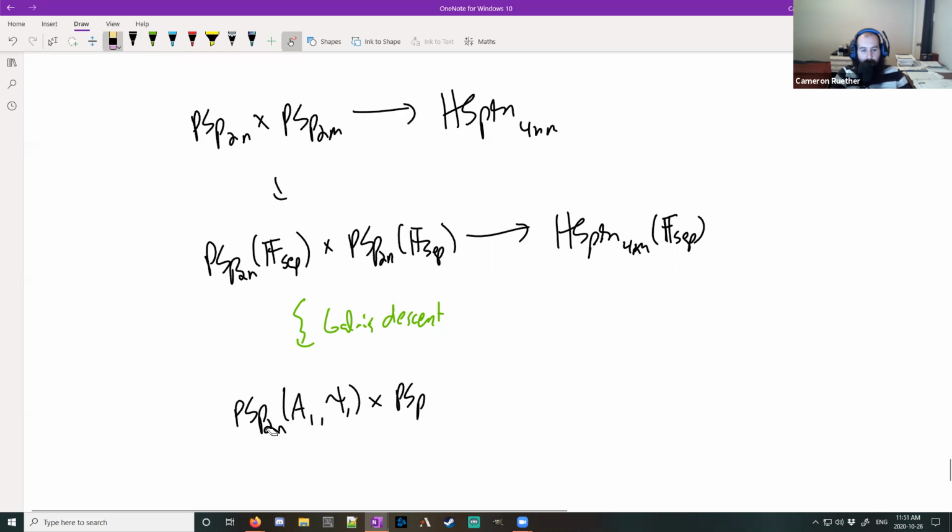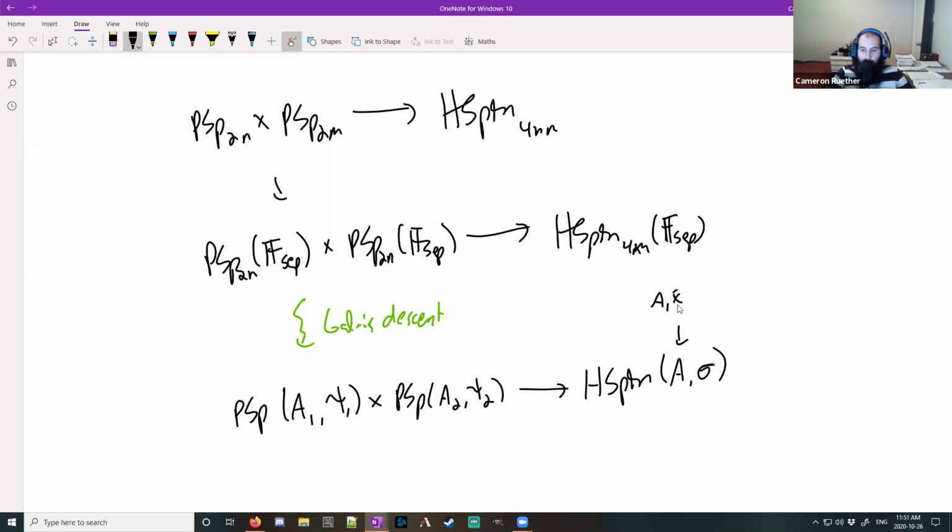I guess you don't need the two n's anymore. A will be of degree 2n, going into some HSpin of A, sigma. And this A will be A1 tensor A2, and the sigma will be psi1 tensor sigma. So I guess I should have just written that in there.